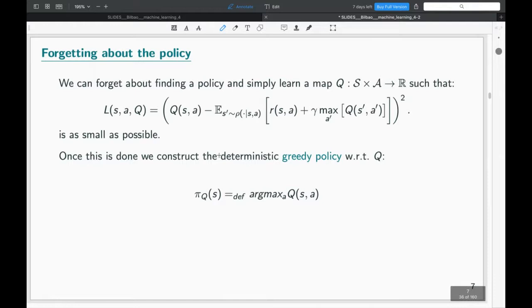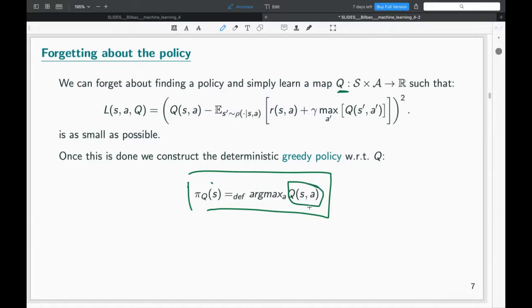then we construct the deterministic greedy policy with respect to this map Q. The deterministic greedy policy is the following, which is defined in this way. It's denoted by pi Q, and to state S, pi Q assigns the action with the highest Q value. So it assigns the action A such that Q(S,A) has the highest value possible.